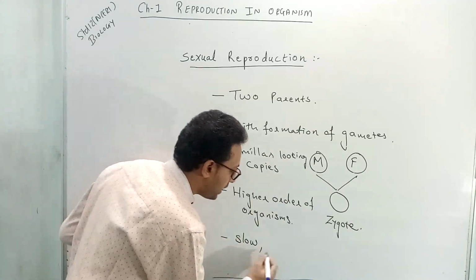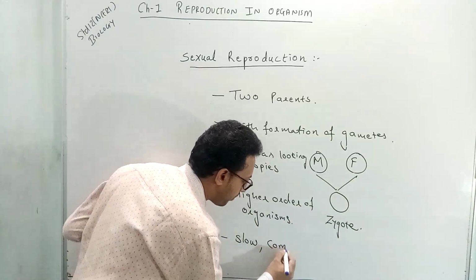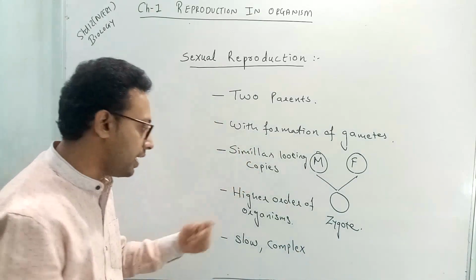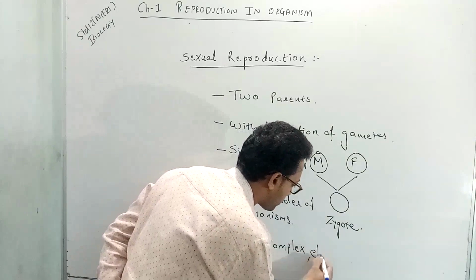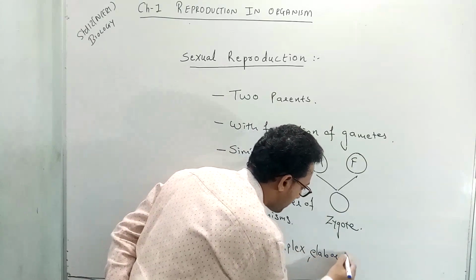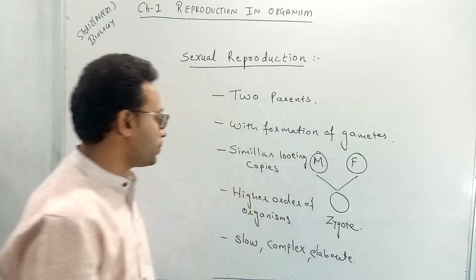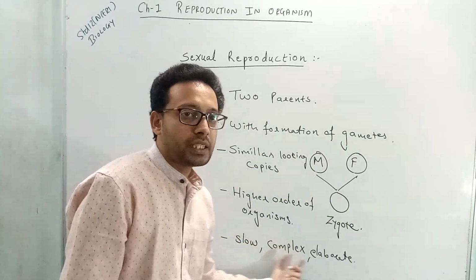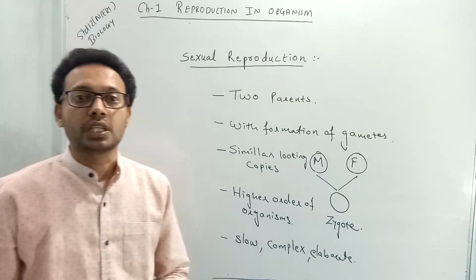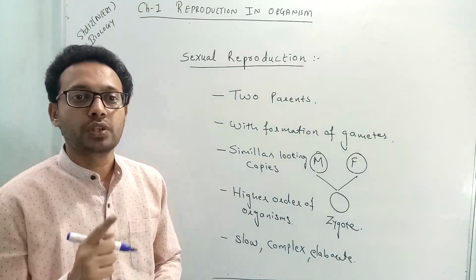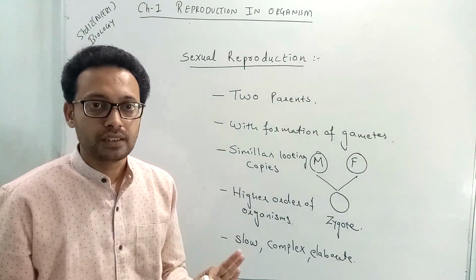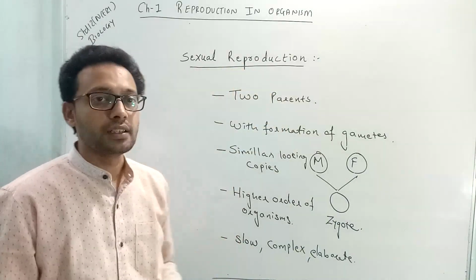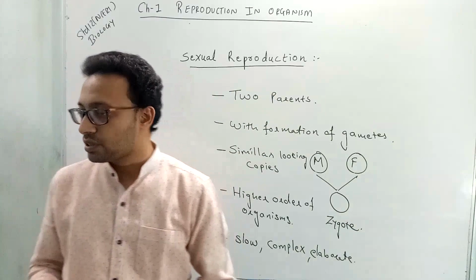Apart from being slow, it is a somewhat complex and elaborate process compared to asexual reproduction. Is it clear? So that is an introduction to sexual reproduction in living organisms.